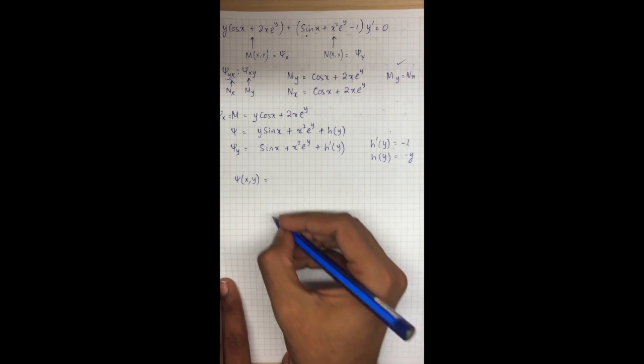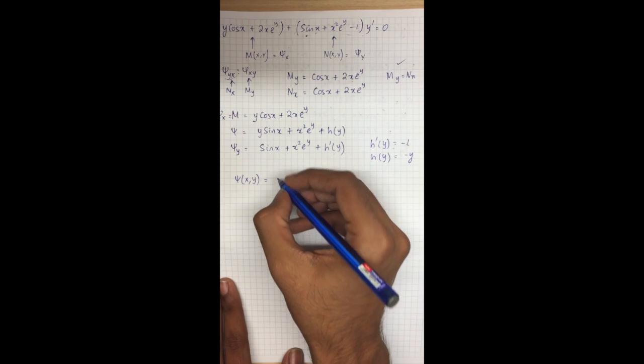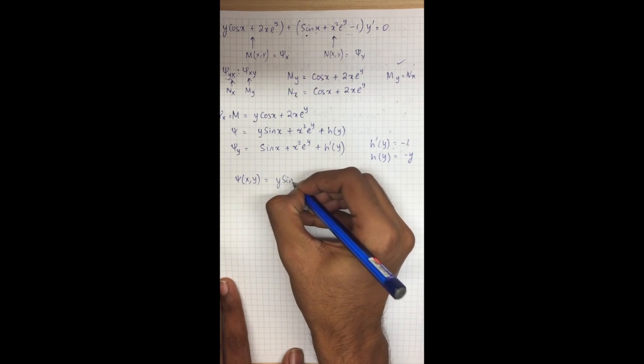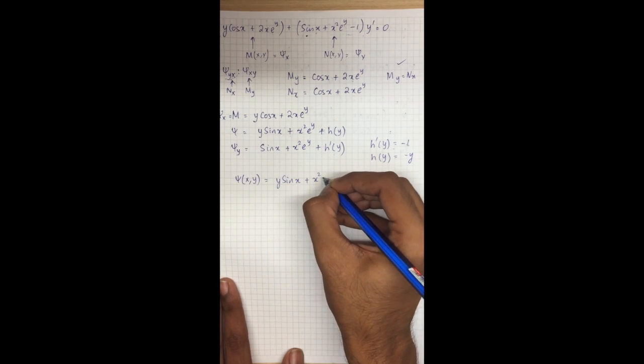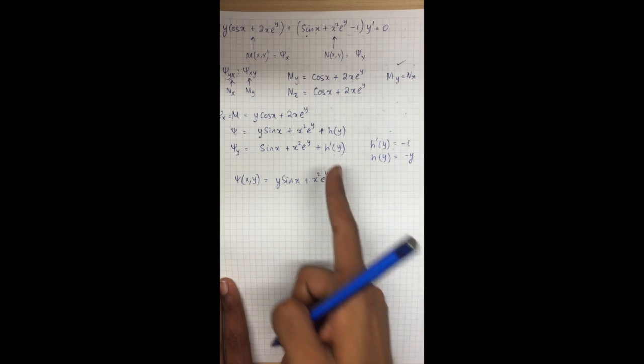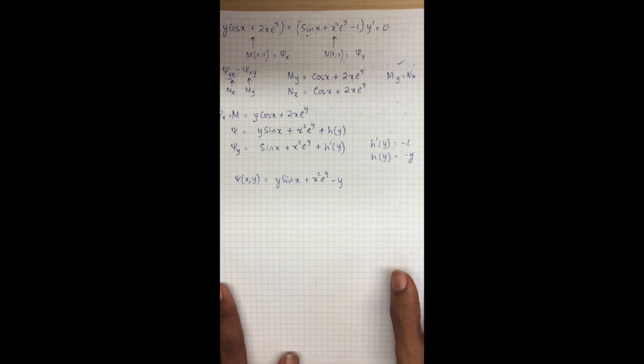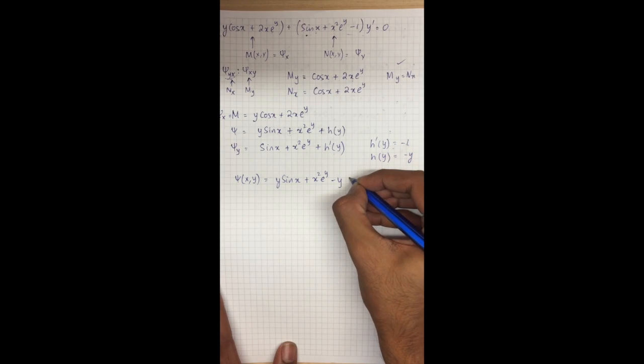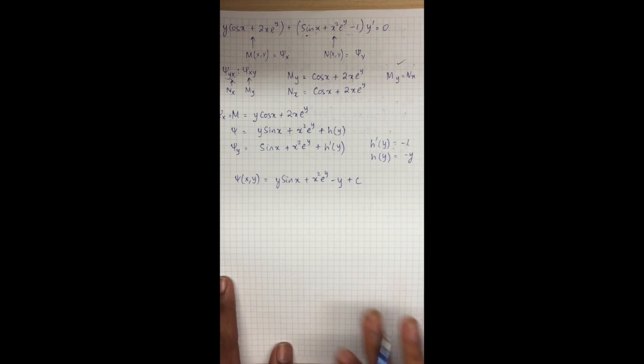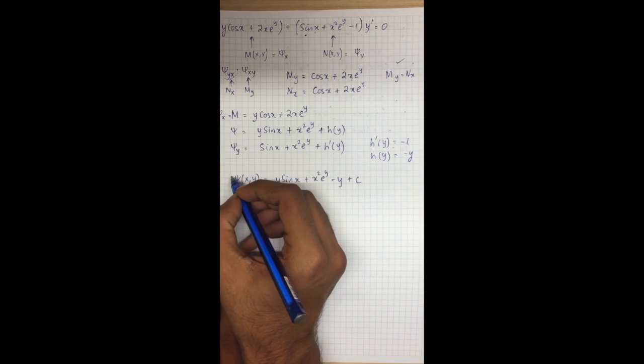My psi would be, from here I can take y sin x plus x squared times e to the y. My h of y is minus y, and since I've partially differentiated with respect to x and y, I've left out the constants, so I'm adding back the constant in here, and this would be my final answer.